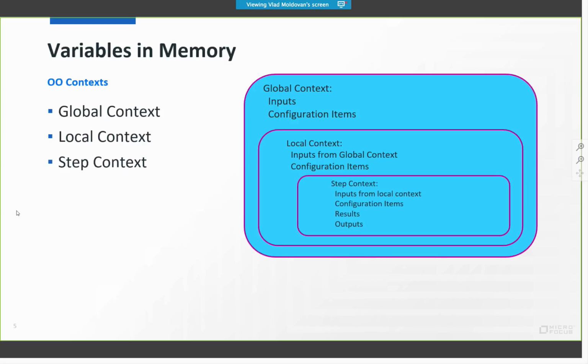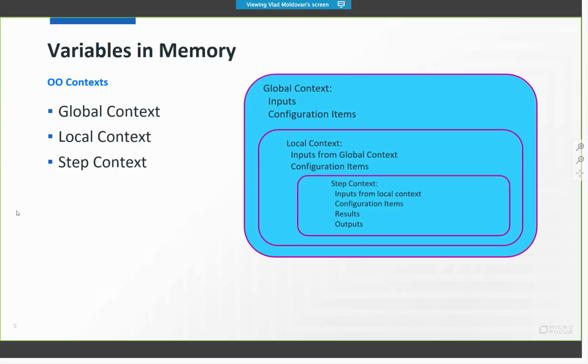Now, the last context we are going to talk about is the step context. The step context is, again, a child of the local context, and it's the context that's actually being used during a step execution.